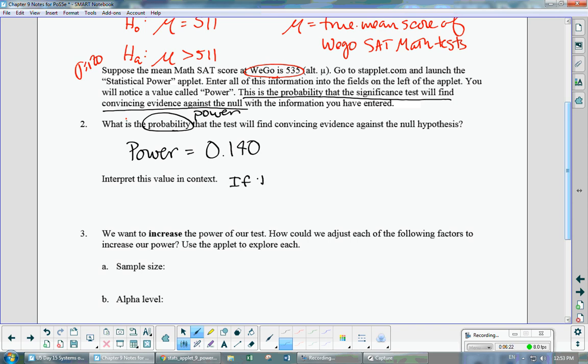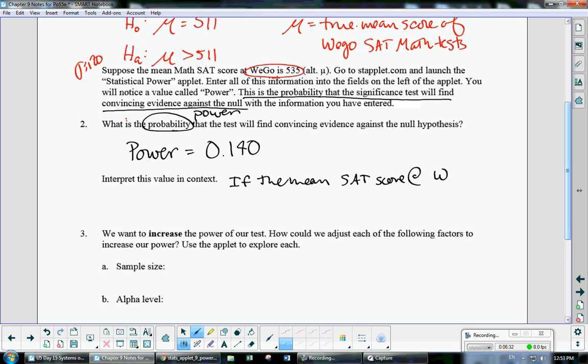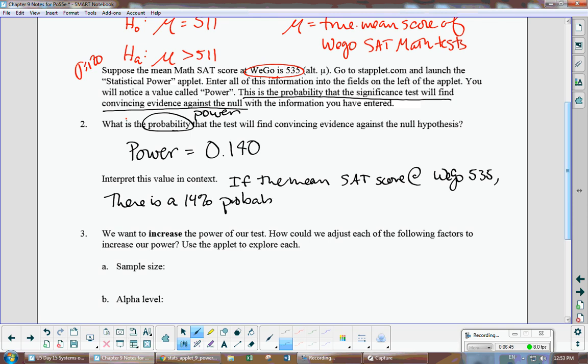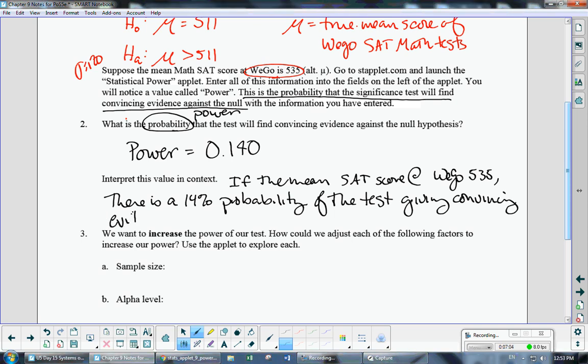If the mean SAT score at WeGo is 535, there's a 14% probability of the test giving convincing evidence for the alternative.